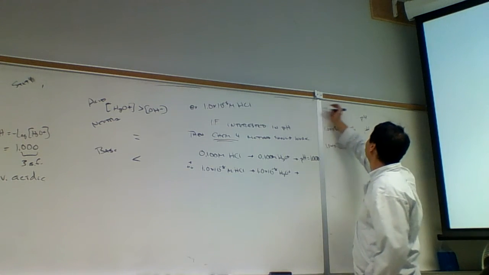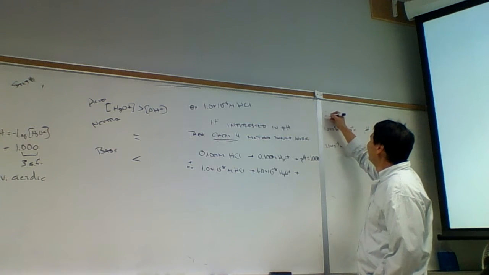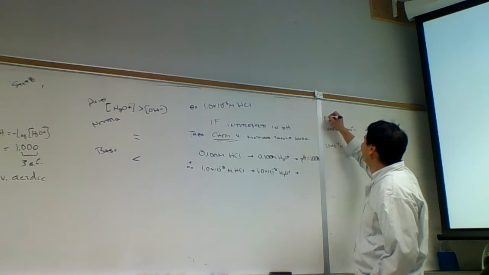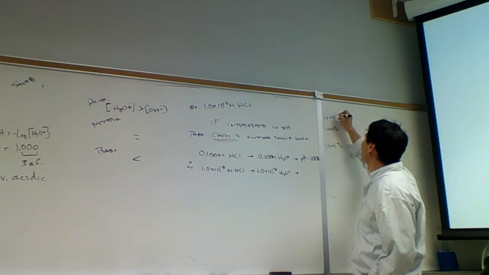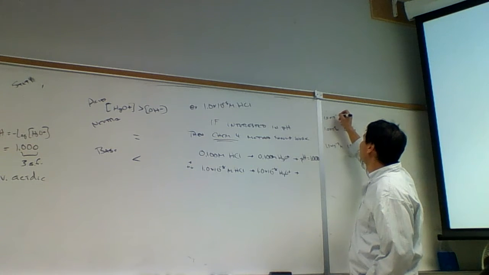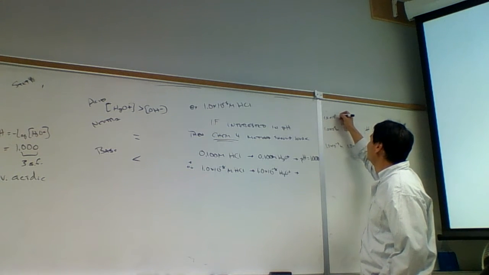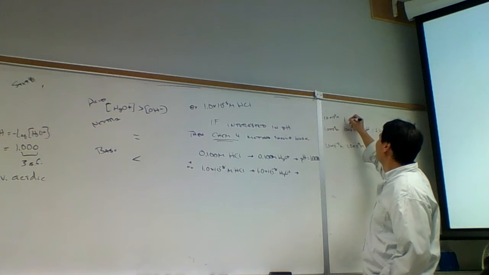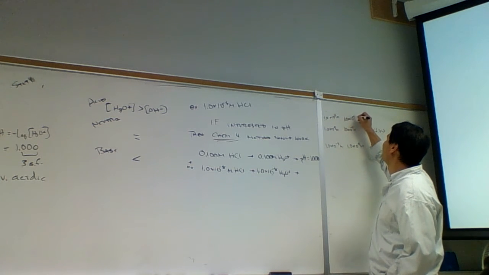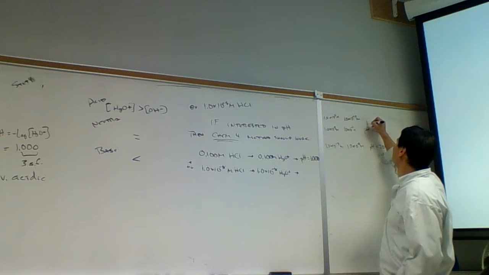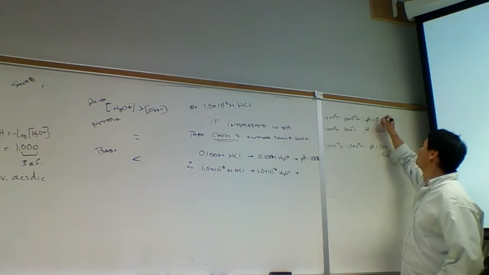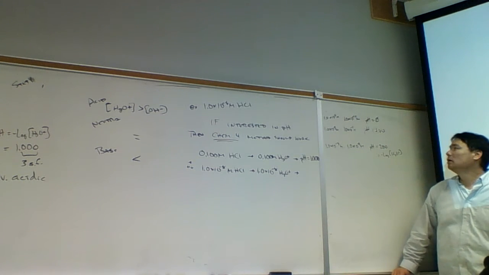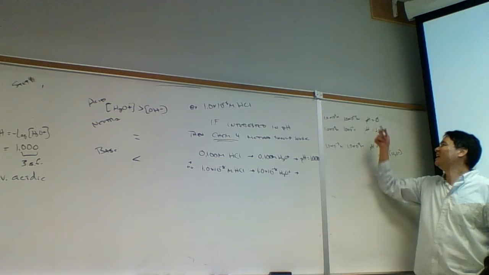Let's go on here. Let's go to 1.0 times 10 to the 0 molar. Then this must be 1.0 times 10 to the negative 14 molar, and the pH is 0. And so if I'm at 1 molar, pH should be 0.